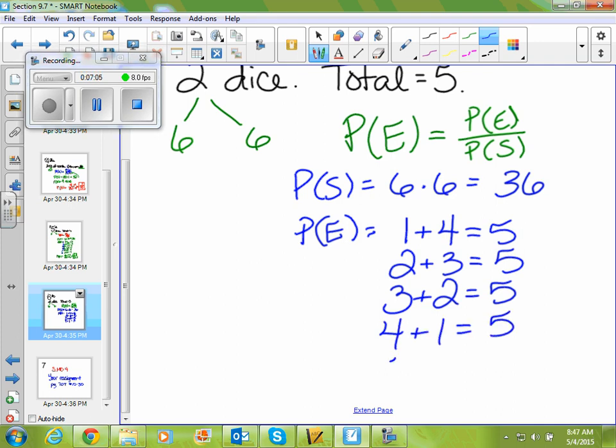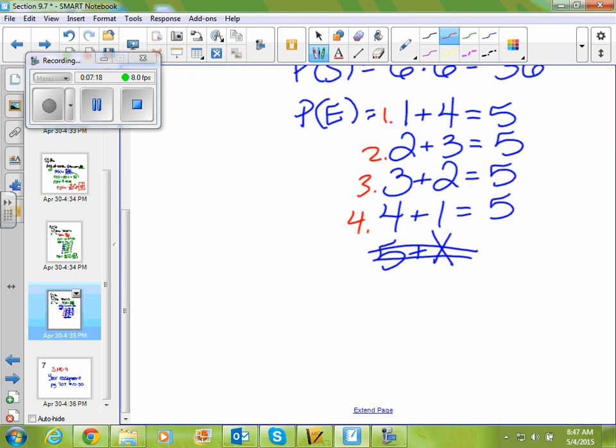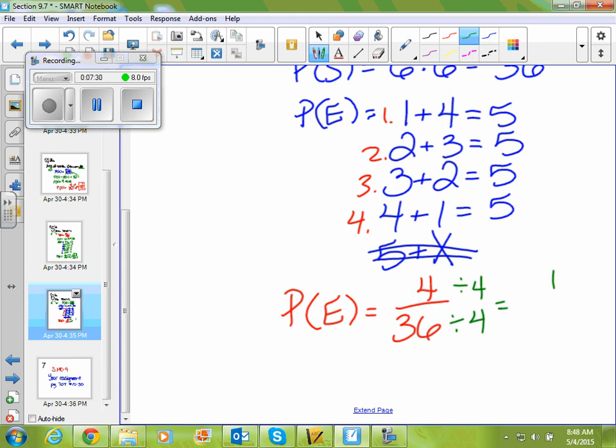If I roll a 5, there is no 0 on your dice, so any number bigger than 5, you can't roll. So I have 1, 2, 3, 4 options. The probability of my event is equal to 4 divided by 36, which reduces by 4 to give me 1/9. So the probability that my dice add up to 5 is 1/9.